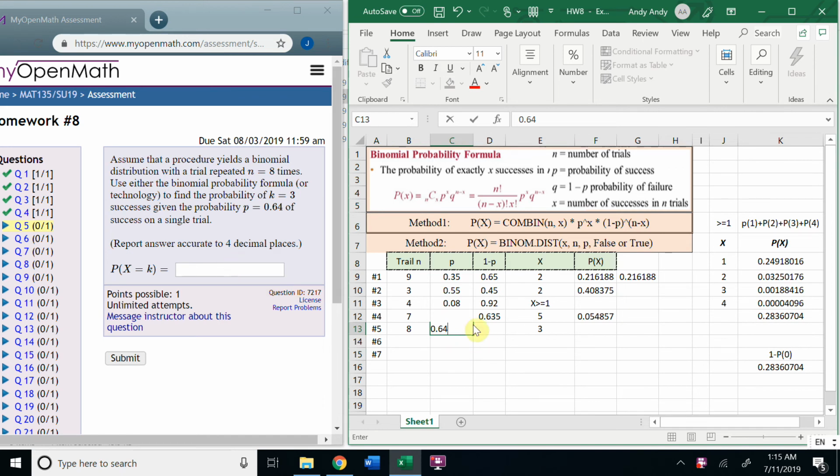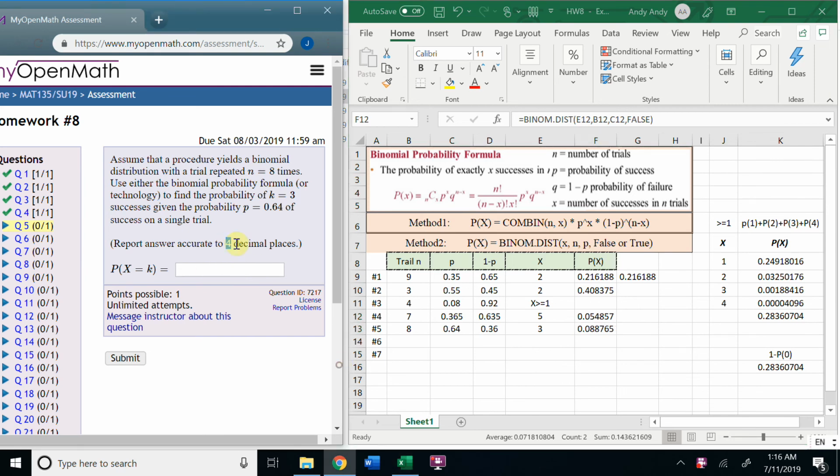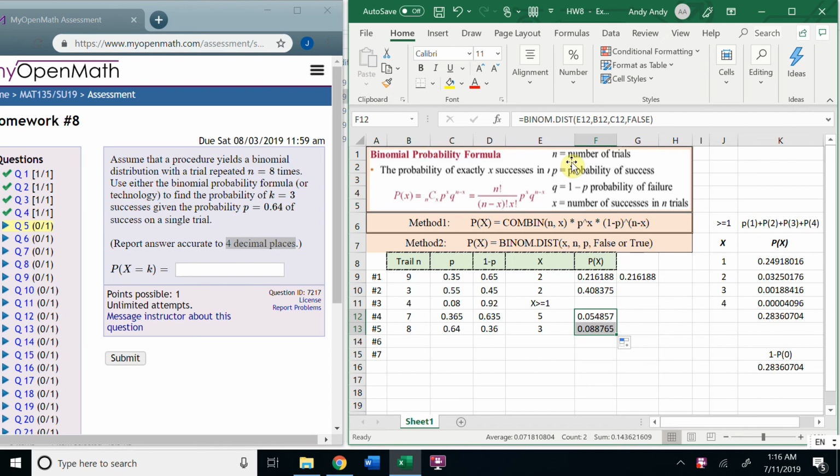So 1 minus p is 0.36, which is 1 minus 0.64. We can directly use this to get the probability. Here it asks for 4 decimal places. The question requires 4 dp, so we get this answer. You can choose 1. So now we get 4 decimal places. So you just directly copy the answer.